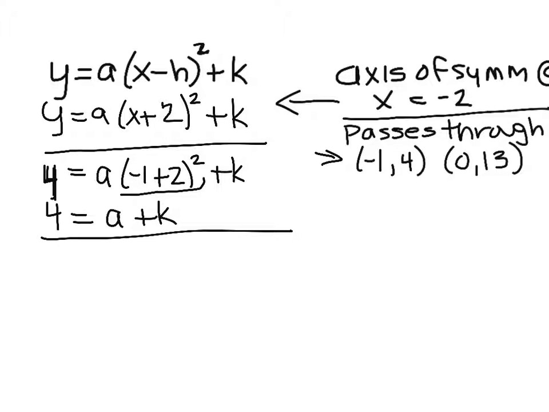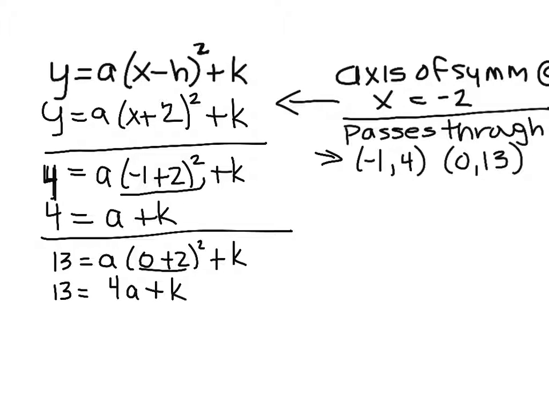And then the other one is using 13. So 13 equals a times 0 is my x value, plus 2 squared plus k. I get 13 equals 4a, because that's 2 squared, plus k.